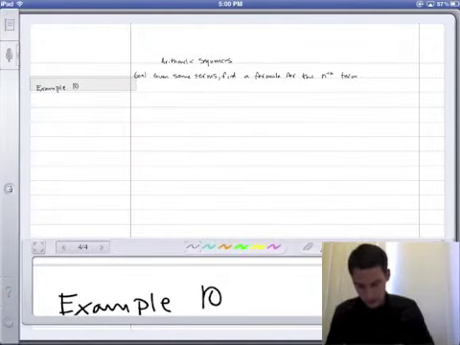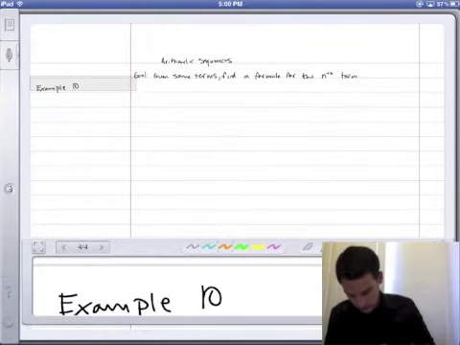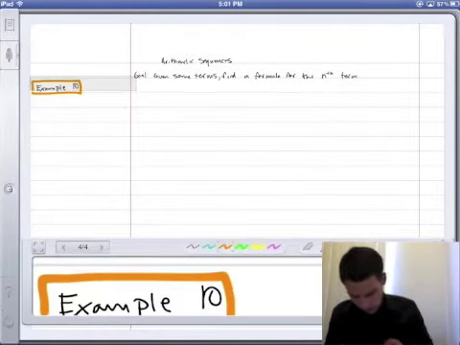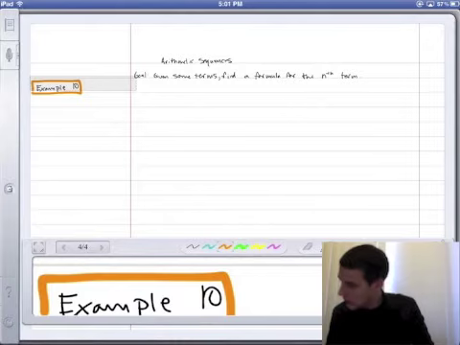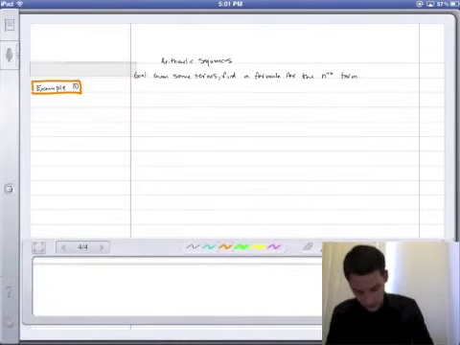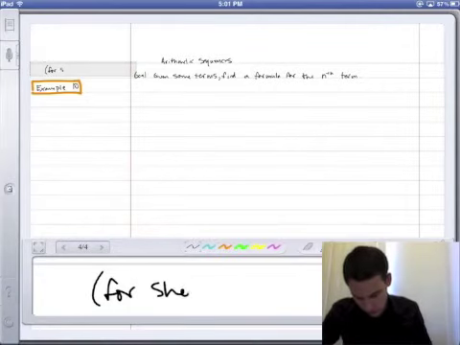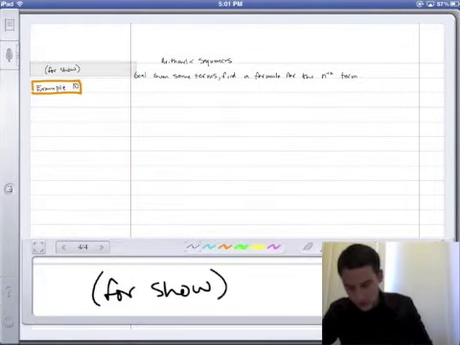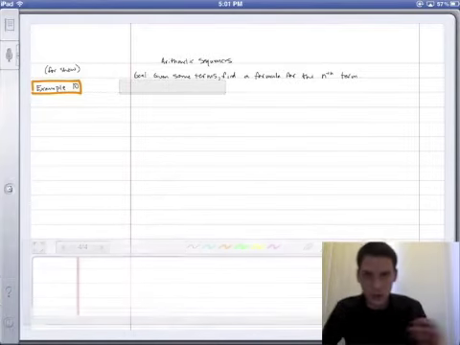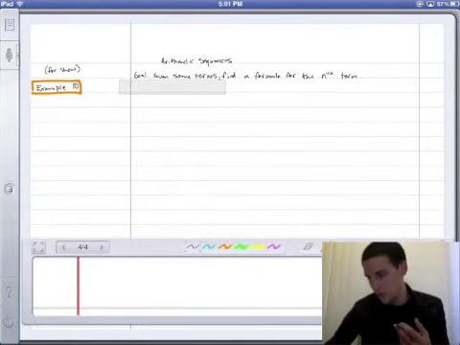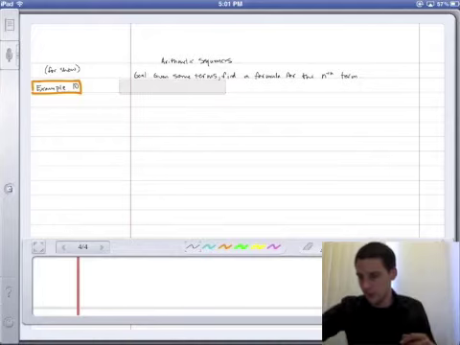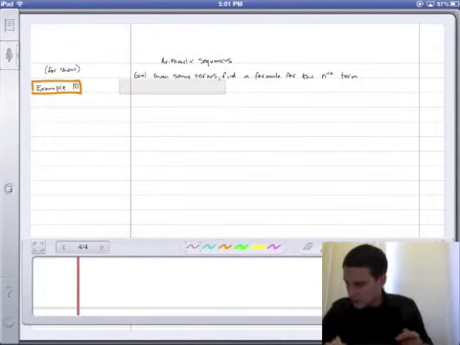And I'm going to write it there, and make a note: for show. This means you won't usually be doing it with this many steps or all these colors. So let's look at this.